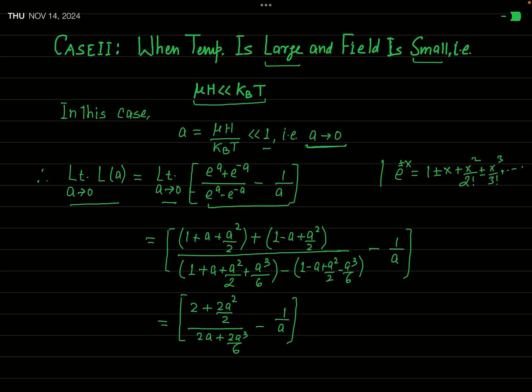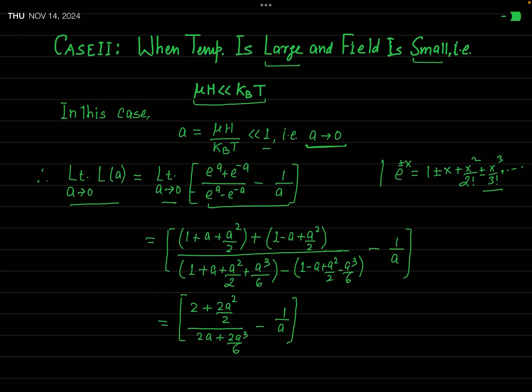But when x is very small, here A is very small, A is tending to 0, then we will neglect the higher power terms. The terms containing the higher power of x can be neglected if x is very small.